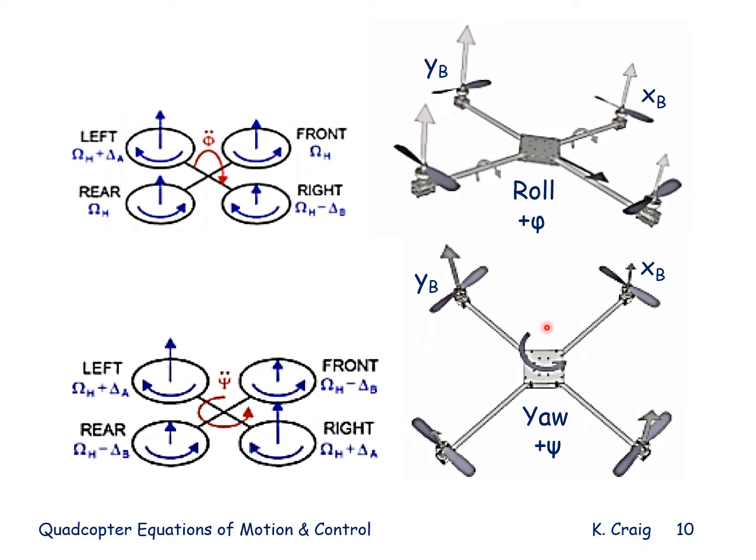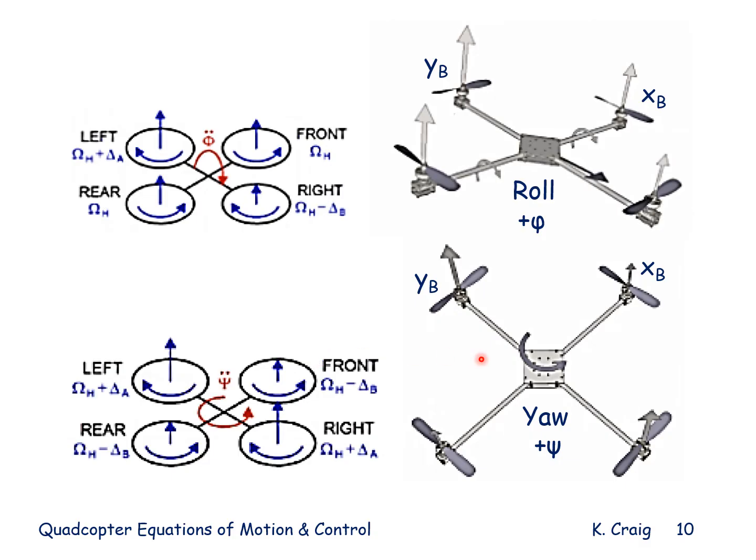If we want the quadcopter to rotate about its positive z-axis, which we call the yaw angle, then we must change the speeds of all four motors. And we have to understand that the direction of rotation of a motor, of a propeller, causes an opposite reaction moment on the quadcopter.